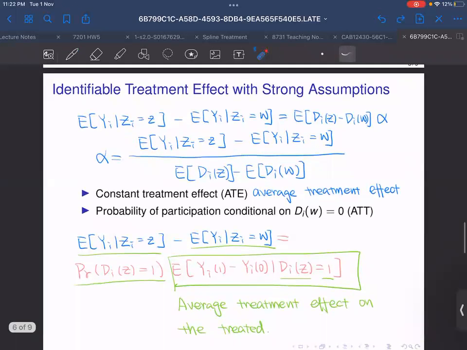So now we see that if we make these two different assumptions, we can get two different interpretations of the treatment effect that we get. However, we will not necessarily always get this nice assumption that there will be a subgroup whose instrumental variable value being w always has a treatment status of 0, always untreated, or never joins the army.